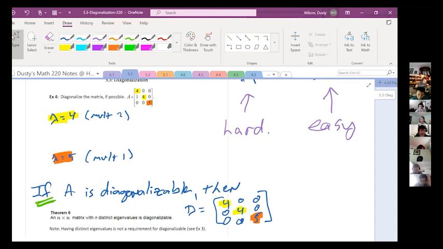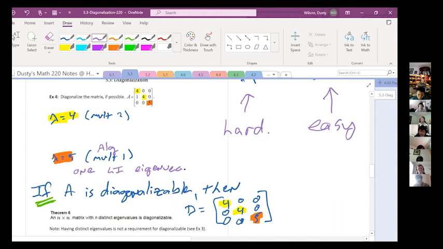Good. So let me add a word here for a moment. This is a multiplicity of 1, specifically the algebraic multiplicity of 1. For that lambda equals 5, there's one linearly independent eigenvector, and we know that because you have a multiplicity of 1.